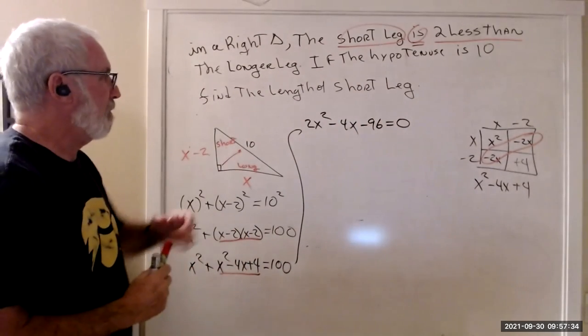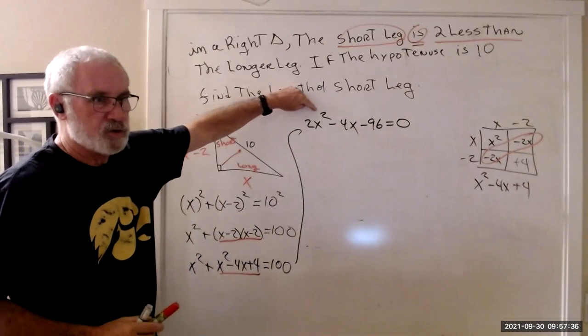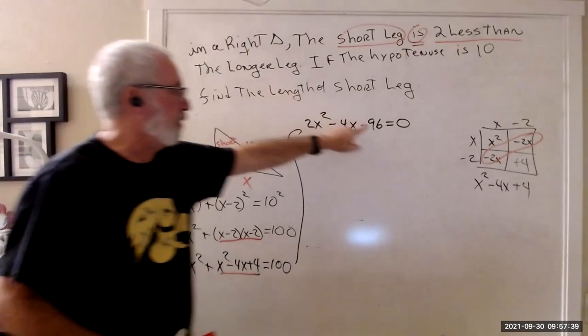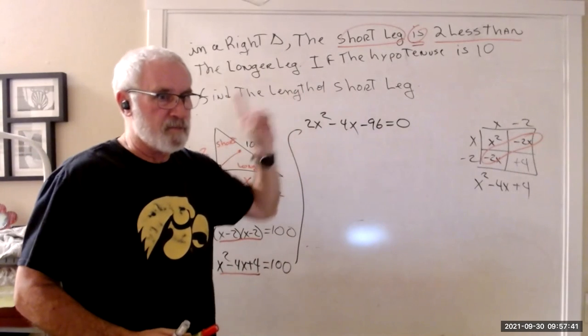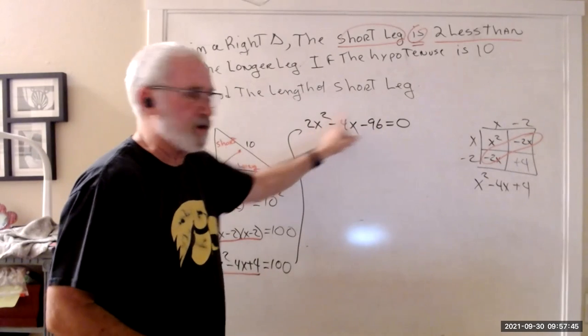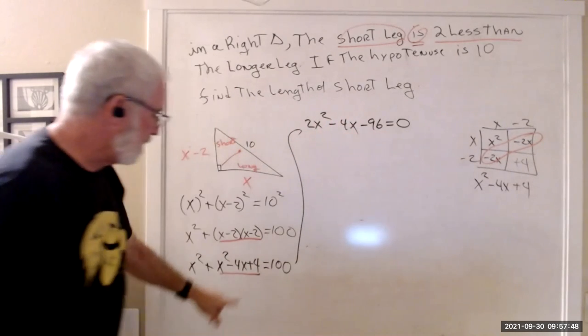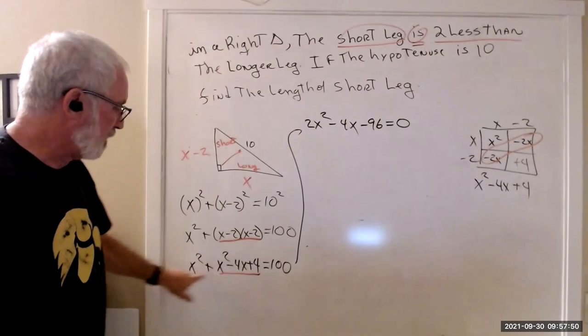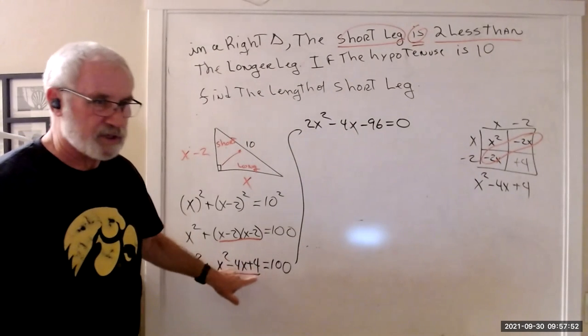Remember, I want my power equation to equal 0. That's the game. First step, must equal 0, and the powers have to be in order from highest down to lowest. So all I did here was add x squared and x squared and took 100 away from both sides.